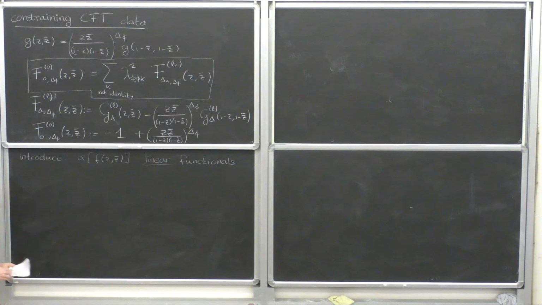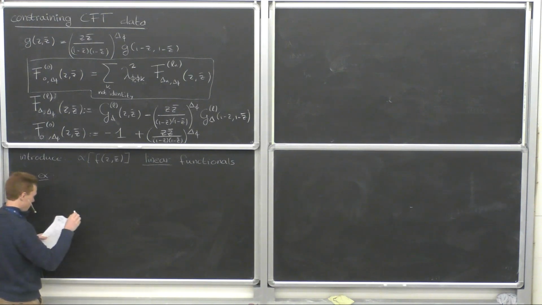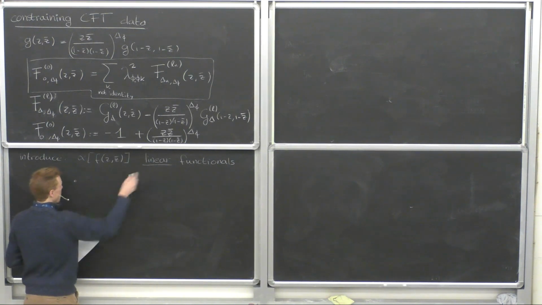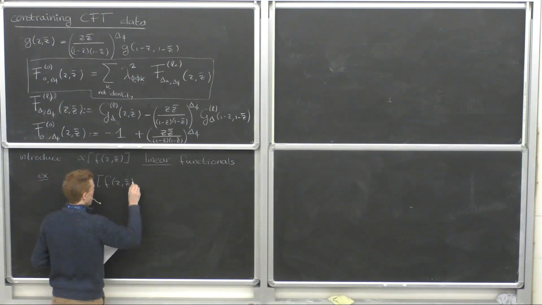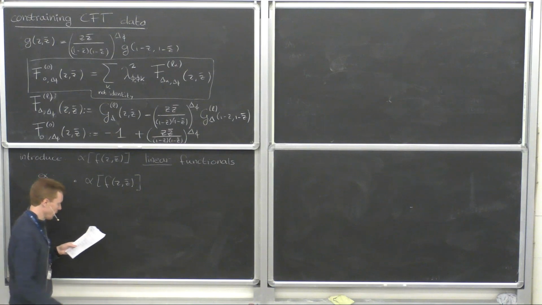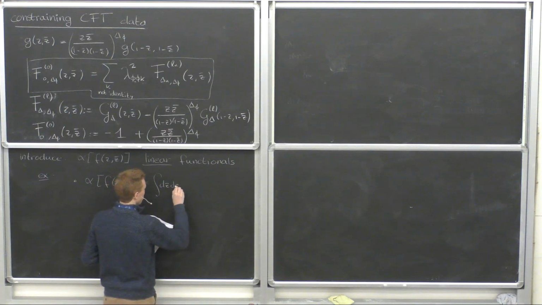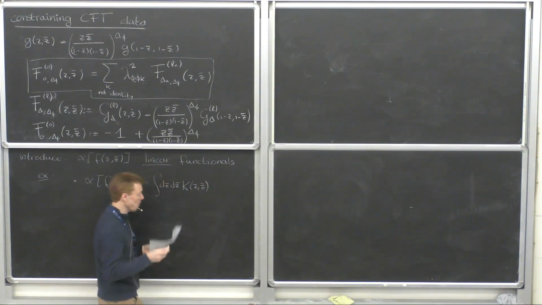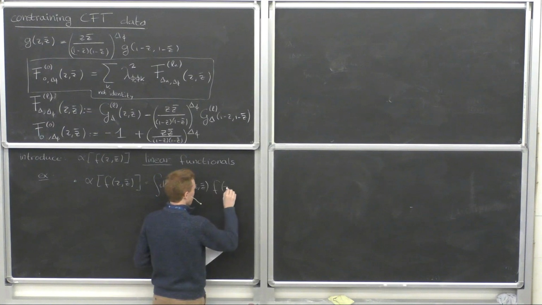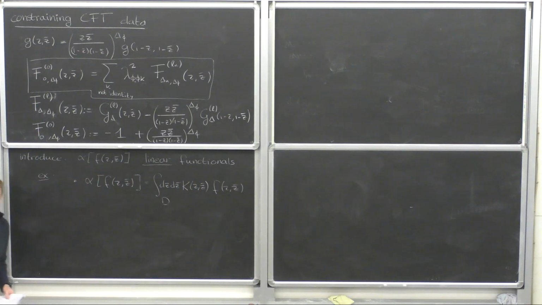It's a map from functions to numbers. A typical way that you would write a functional, if it's a function of two variables, is you introduce some kernel, and you integrate your function against some kernel over some domain, and that would be a good way to define a functional that is linear.